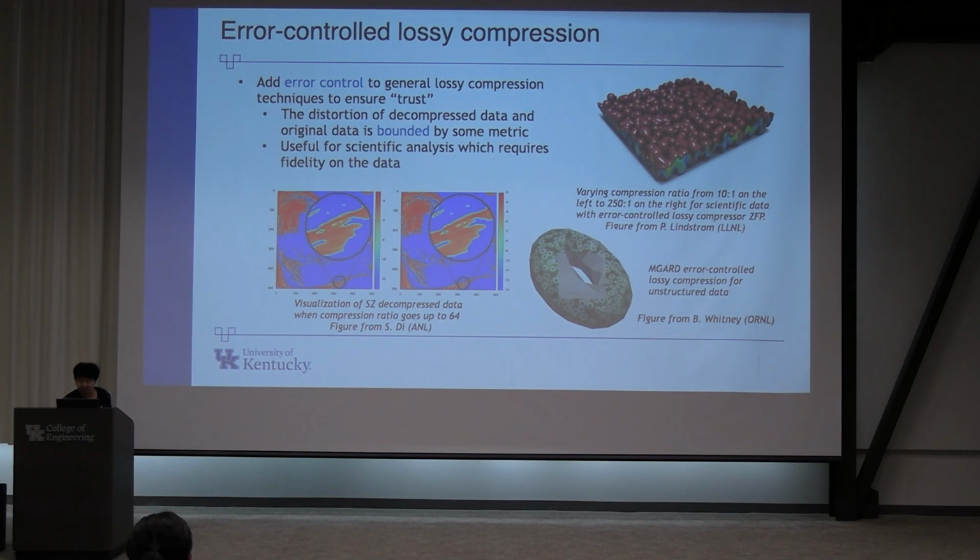Only this figure, the one on the top, shows the varying compression ratio. On the left, you can see the smooth details of the data. But on the other side, it looks not smooth at all because you lose some information during compression.